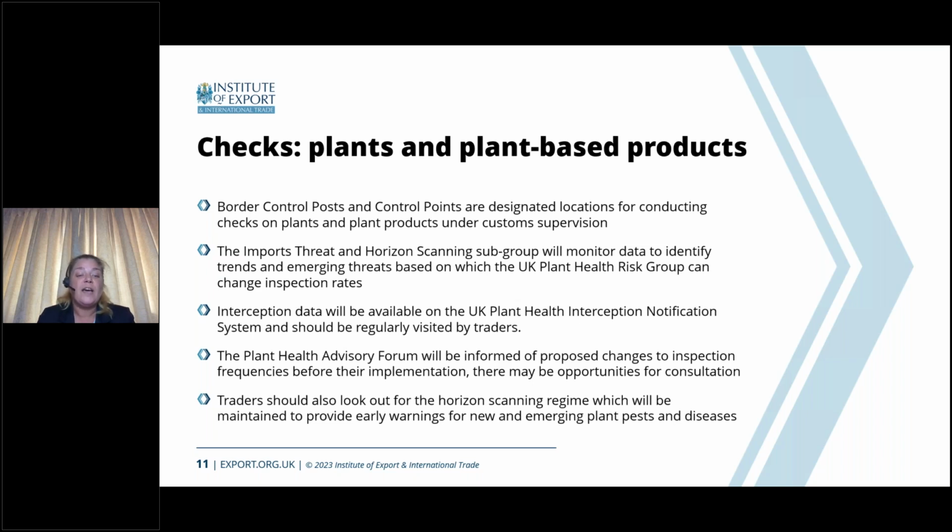You should also look out for the horizon scanning regime, which will be maintained to provide early warnings for new emerging plant pests and diseases. So if there's anything that is becoming advisable, or they're seeing a particular trend worldwide of anything, this is where this information will be provided to you as someone who uses phytosanitary requirements.